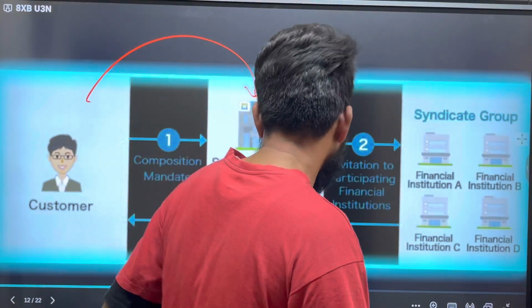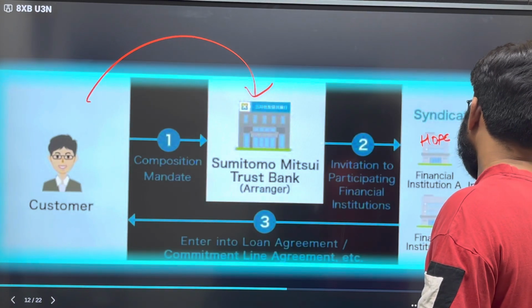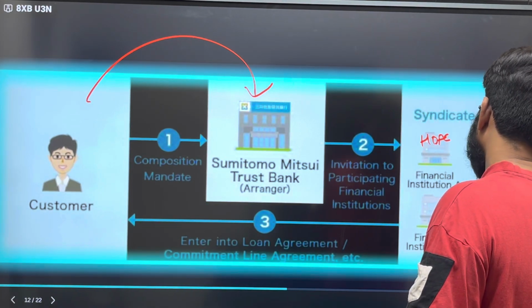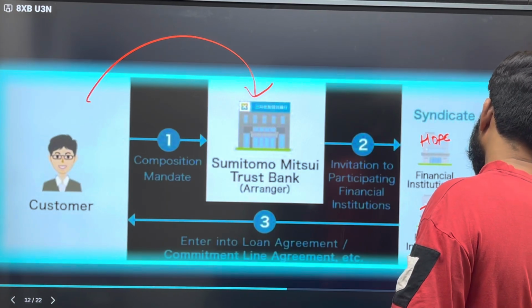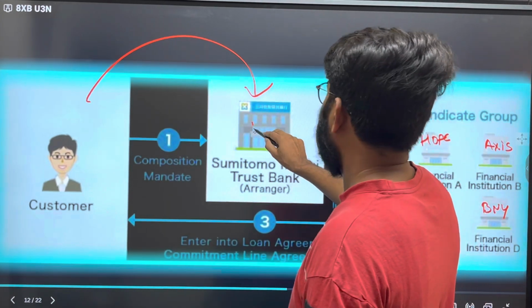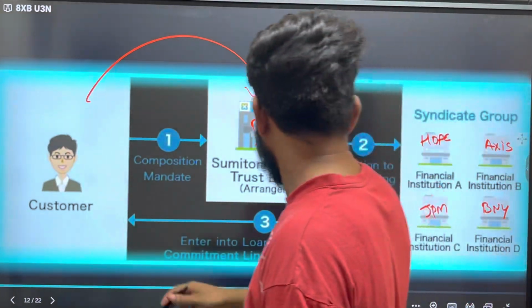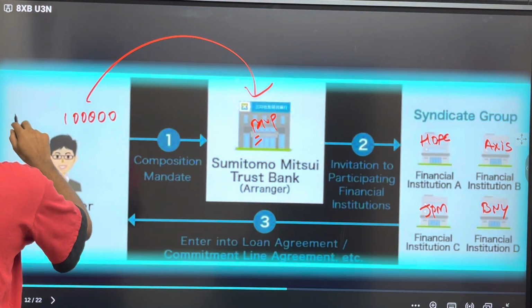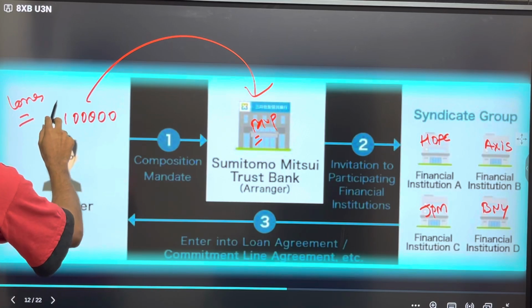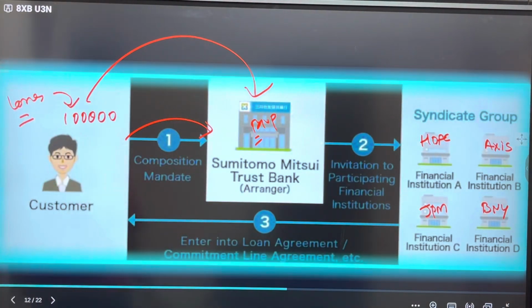If I take the example of financial institutions, like HDFC, Axis, JPM, BNY, BNP, let's say this customer needs a 1 lakh loan. In the first place, the customer will reach out to BNP only, not the other banks.